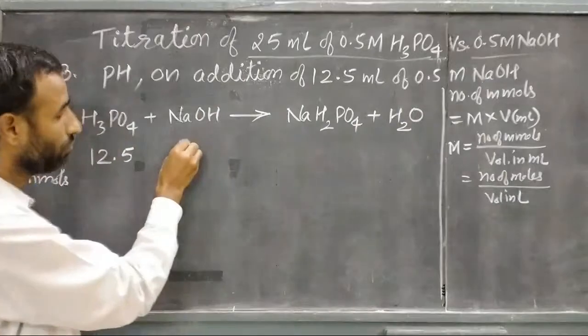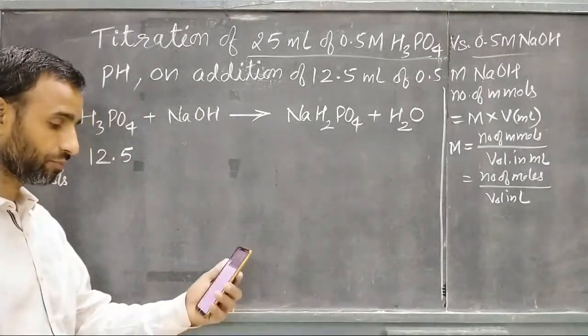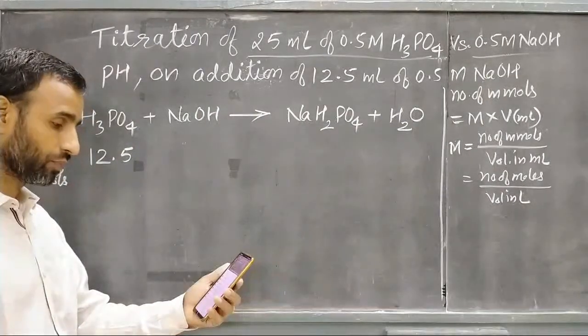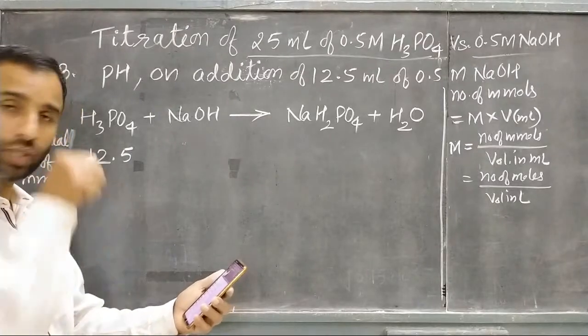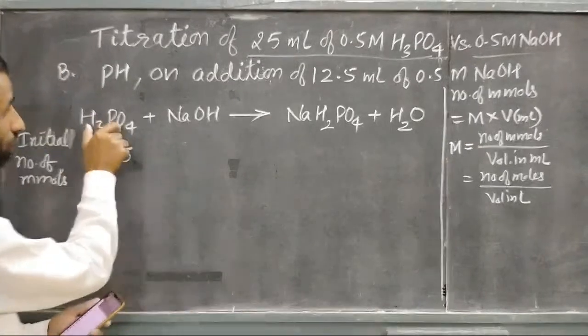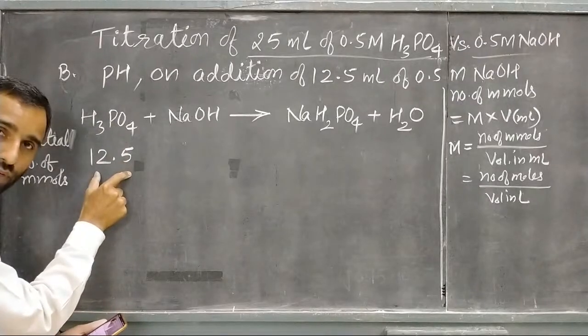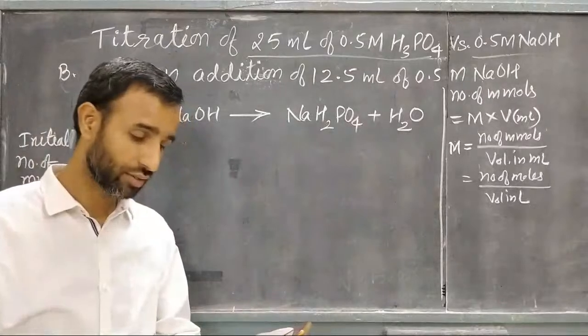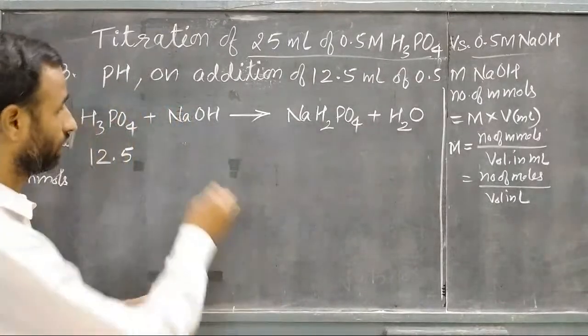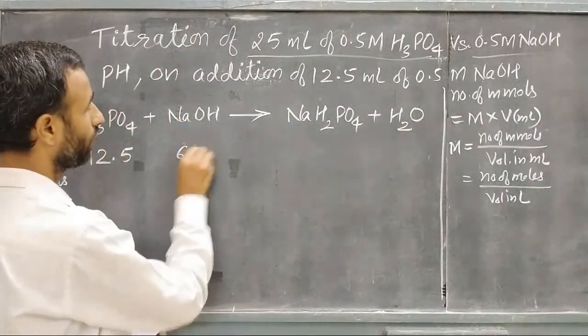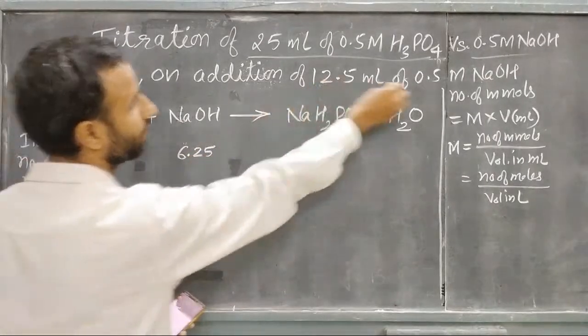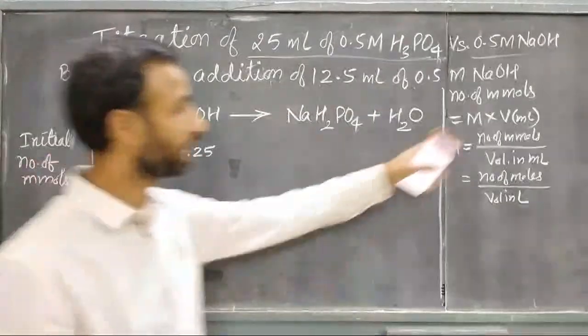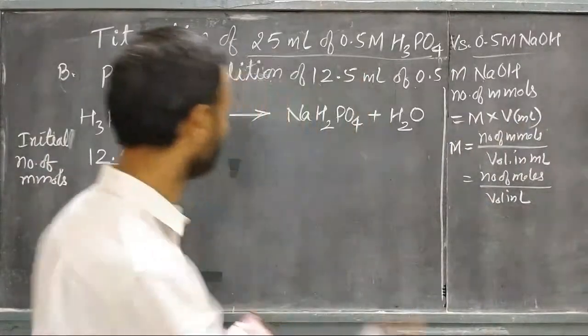So how many millimoles of sodium hydroxide are there? Very good. All of you, great effort. Phosphoric acid millimoles are 12.5 and sodium hydroxide millimoles are 6.25, because 12.5 into 0.5 molarity into volume in ml.